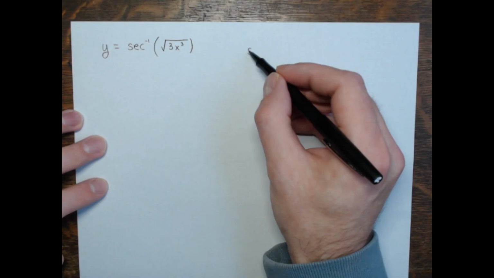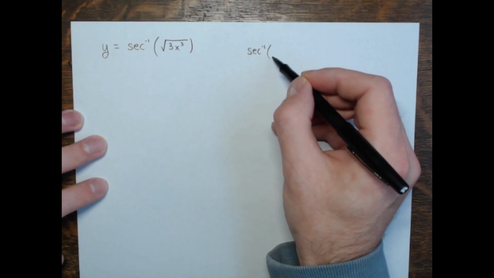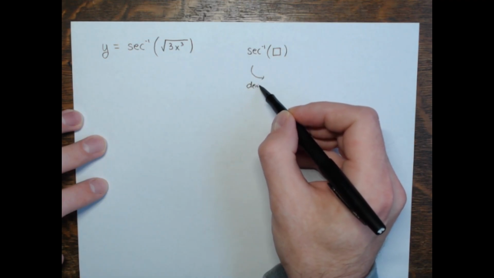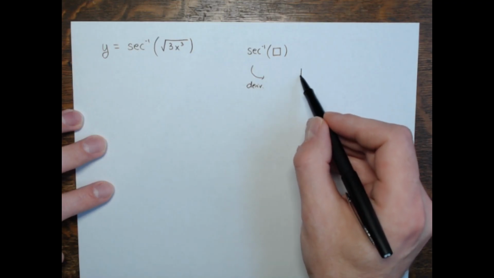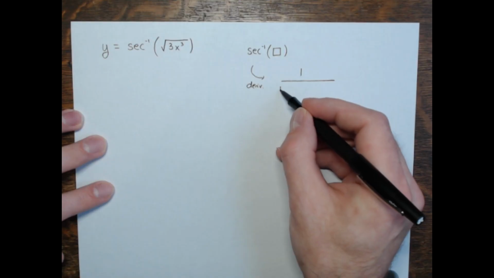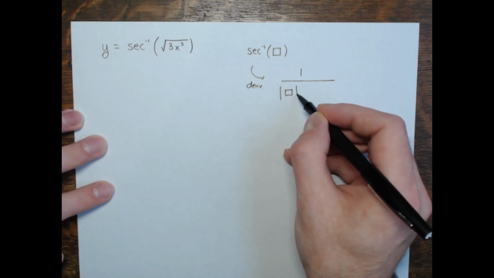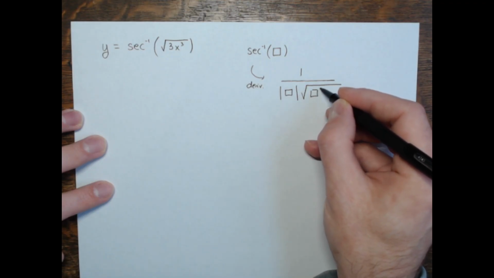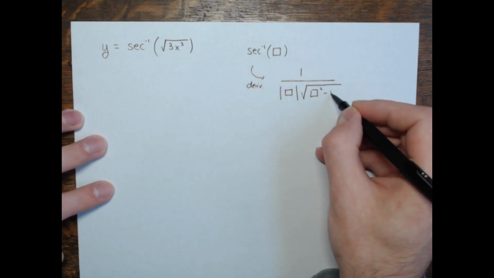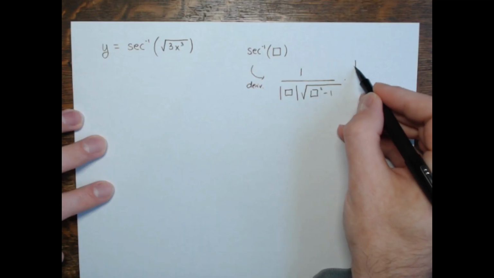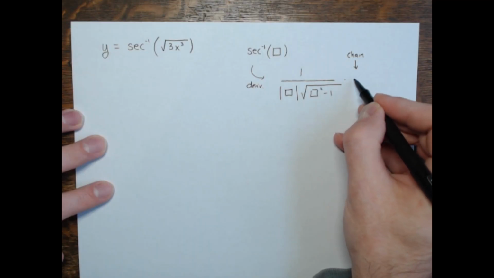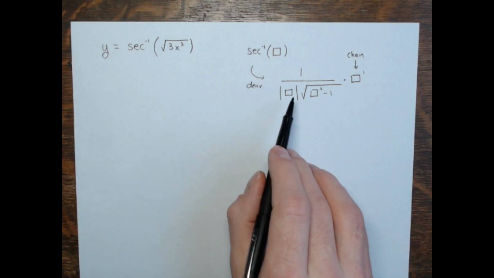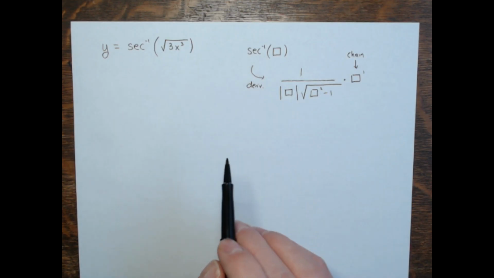So again, when you see the inverse secant of something, when I go to do the derivative, that'll be 1 over the absolute value of that thing times the square root of that thing squared minus 1. But then don't forget, chain rule, multiply by the derivative of the expression inside. So just replace all the boxes here with what's inside.